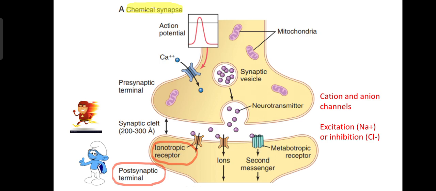Whereas activation of anion channels, such as the chloride channel, results in influx of negatively charged ions that will result in hyperpolarization, and so inhibition of the postsynaptic neuron. These ionotropic receptors are characterized by quick function, so they are very fast, faster than the other way.